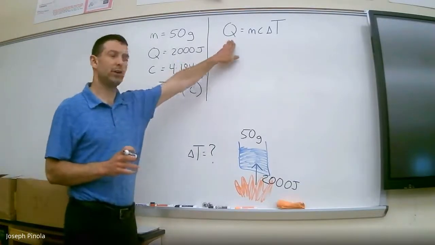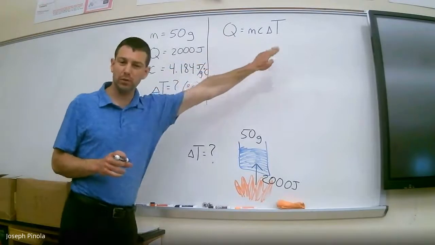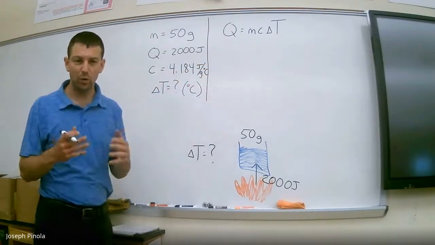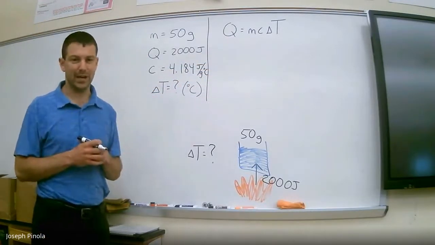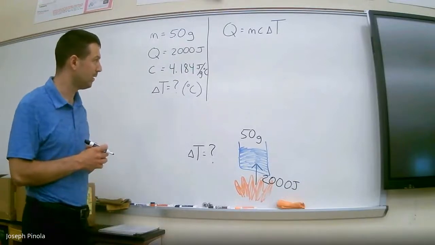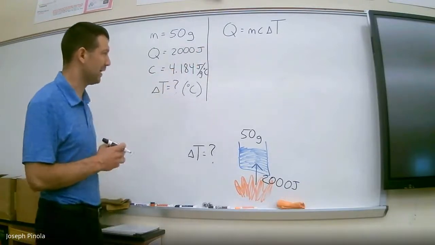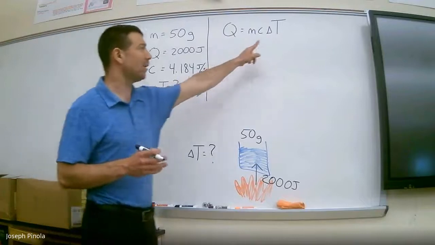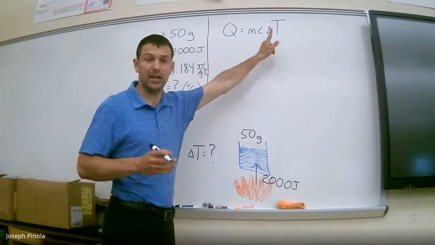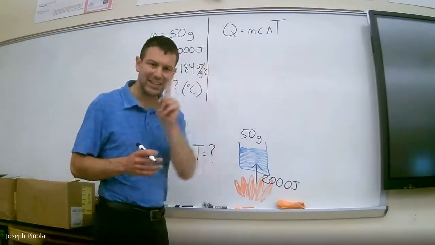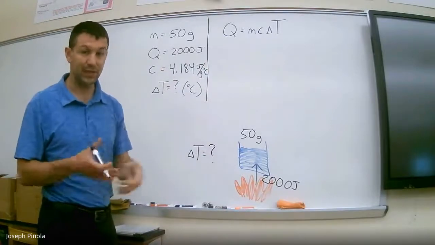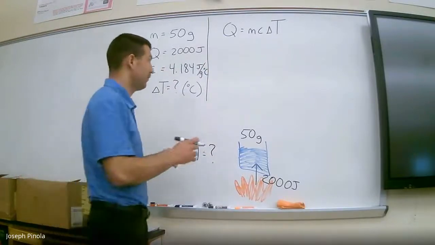We already have our equation in place, Q equals mc delta T, or the equation that we just derived a little while ago. But I can't leave this equation the way it is. That's because I want delta T, or change in temperature, and it's not by itself. It isn't isolated yet. I need to get it by itself.